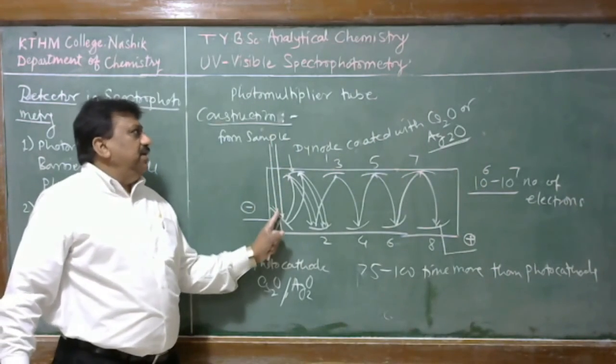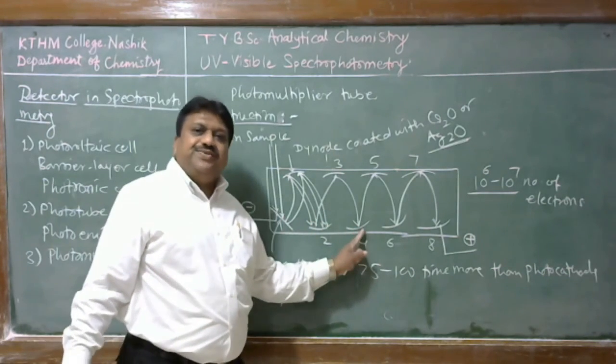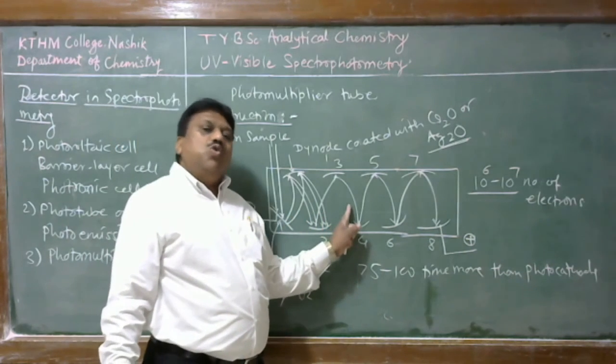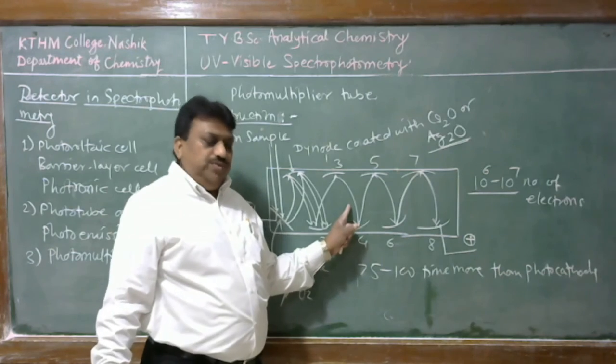Therefore, the multiplication of electrons as well as the amplification factor makes this photomultiplier more sensitive than the photovoltaic cell and phototube.